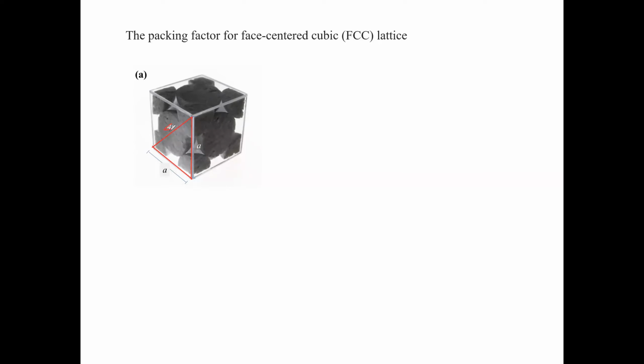So we have 4R and this is A and this is A. So now the relationship is going to be 4R total square equals A square plus A square. So this is 2A square. So 4R is square root of 2 A. So R got the relationship between R and A, square root of 2 divided by 4 A.